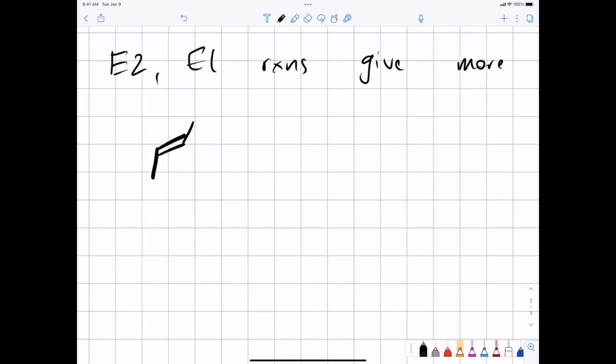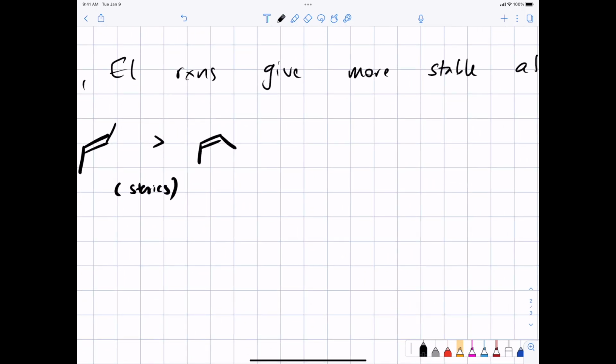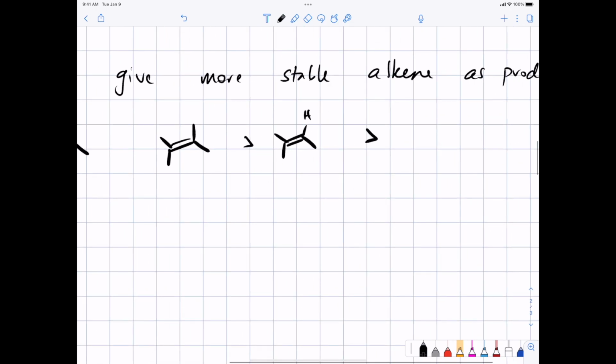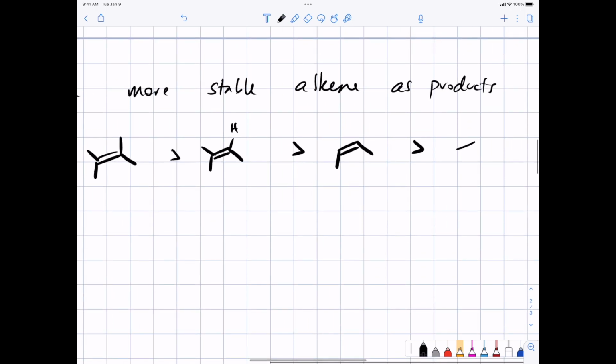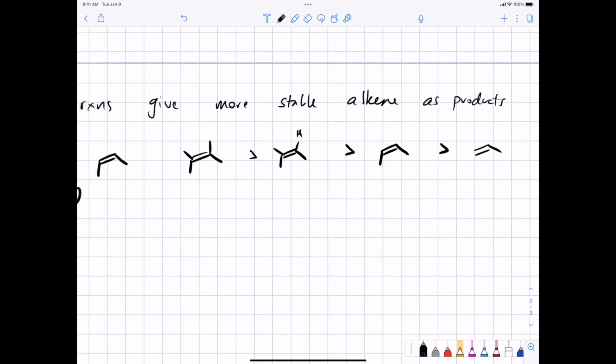Trans is more stable than cis because of sterics. And tetrasubstituted is more stable than trisubstituted, which is more stable than disubstituted, which is more stable than monosubstituted, and so on.